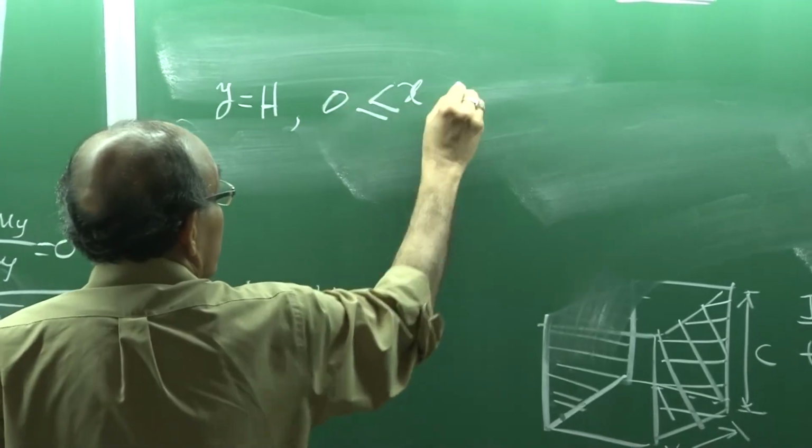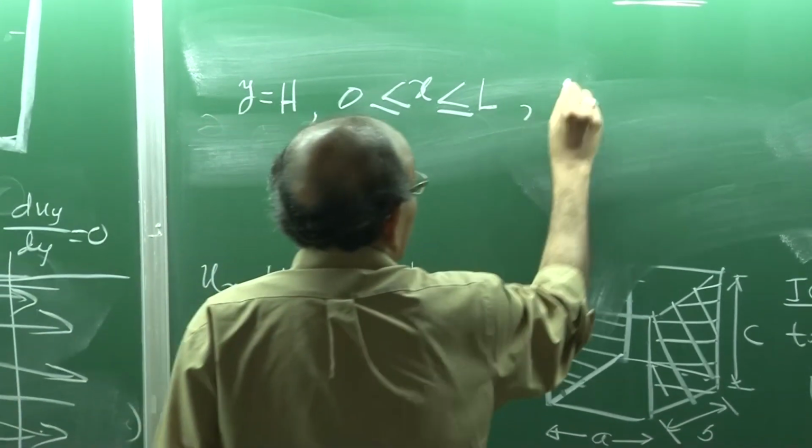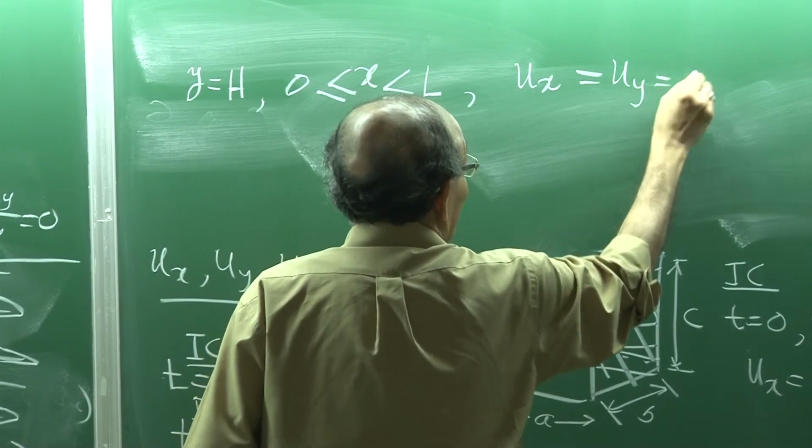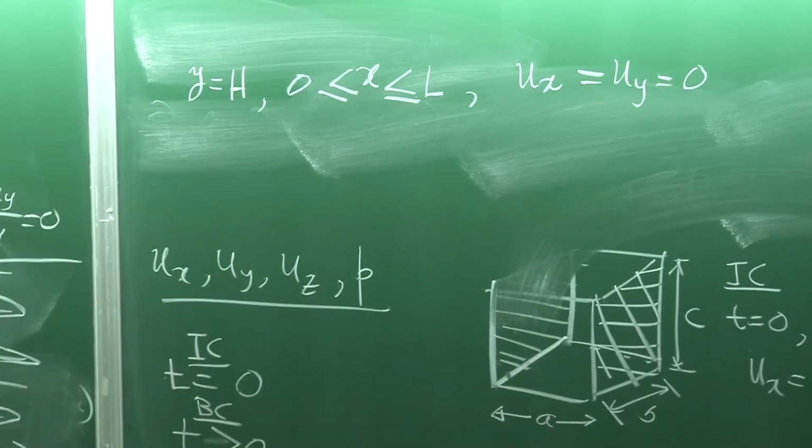I need boundary conditions on both ux and uy, and they are going to be all 0 because this wall is taken to be stationary.